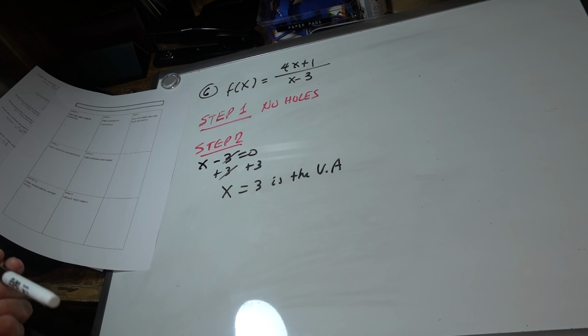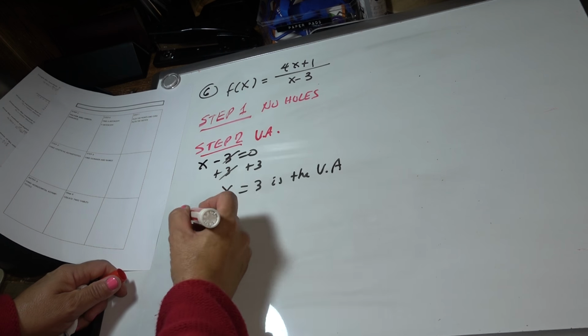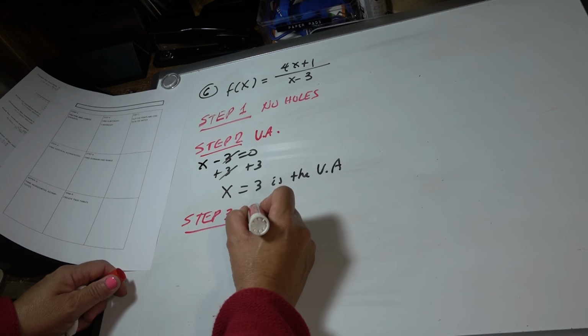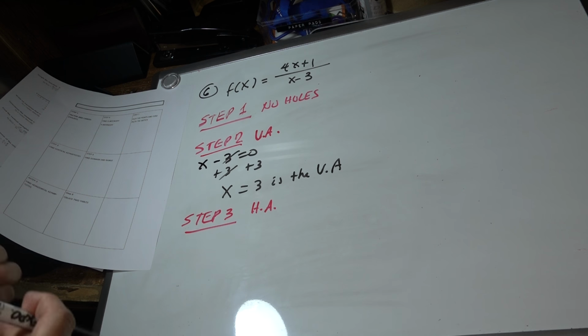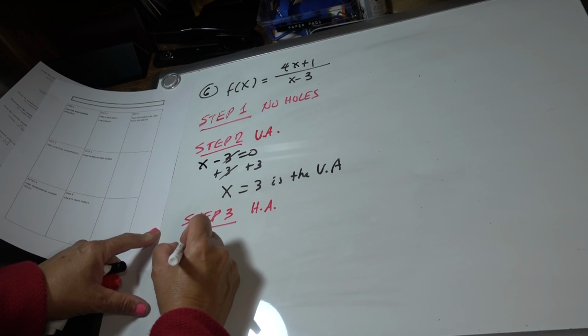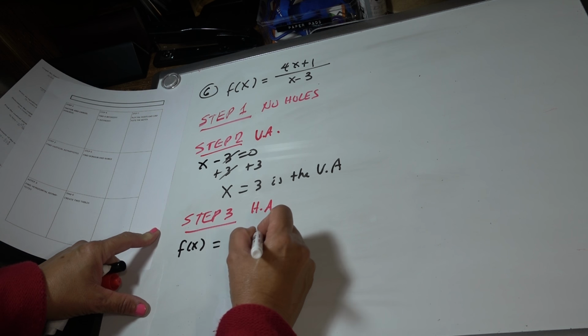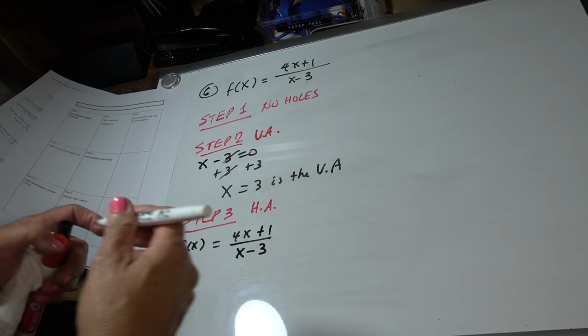Step number 3, find the horizontal asymptotes. To find the horizontal asymptote, remember we compare degrees. We have f of x equals 4x plus 1 over x minus 3.